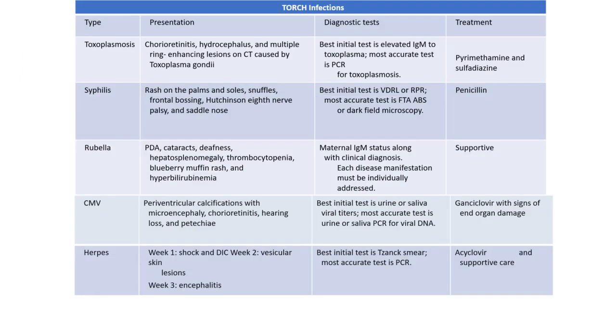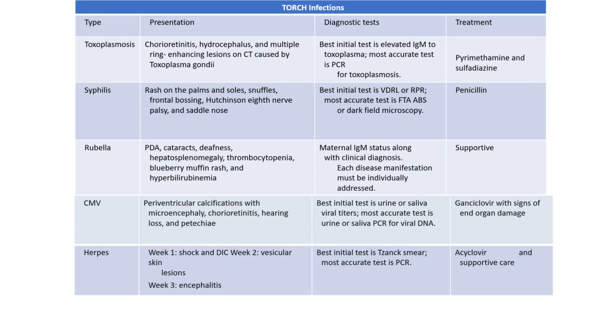Slide number 8. On this beautiful table on this slide, we'll discuss the so-called TORCH infections. Toxoplasmosis. Let's start from the first one, toxoplasmosis. It presents with chorioretinitis, hydrocephalus, and multiple ring-enhancing lesions on CT, and is caused by Toxoplasma gondii.